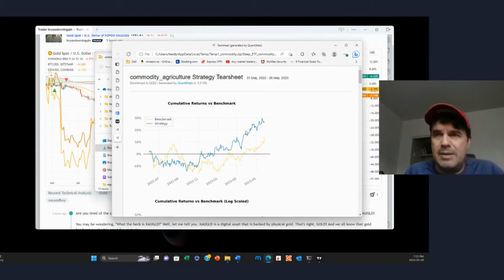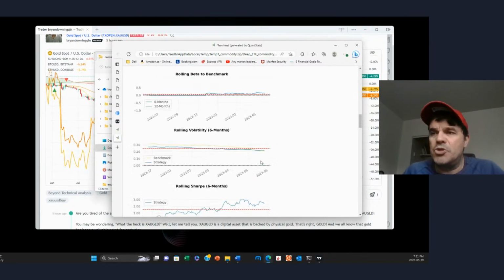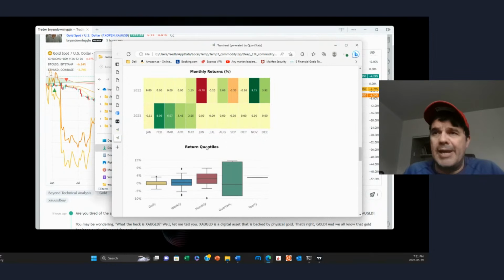But these particular agriculture ETFs are like double the QQQs. So you want to be able to outperform. Doesn't matter what it is, as long as you're outperforming, right? So again, look at all year, all positive all year, right?